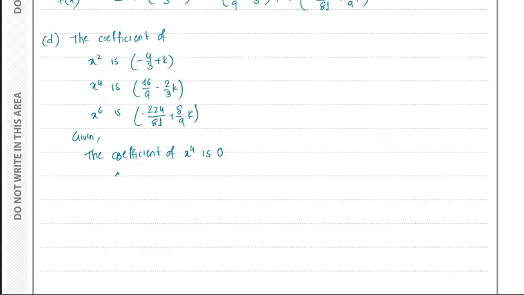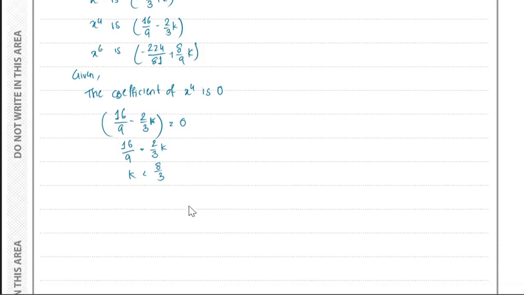So we can just equate this: 16 by 9 minus 2 by 3 k, in brackets, is equal to 0. And this is a simple solving problem now. So k would come out to be 8 by 3. You multiply 16 by 3 and 9 by 2, and you will get 8 by 3.